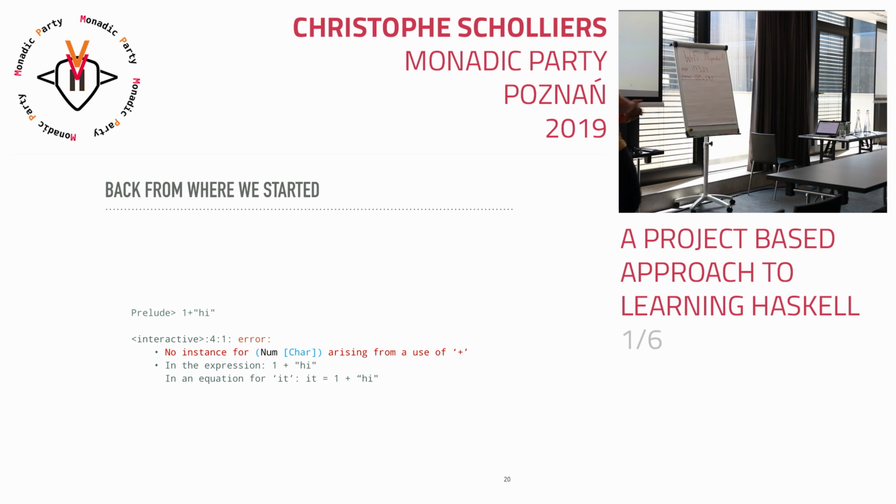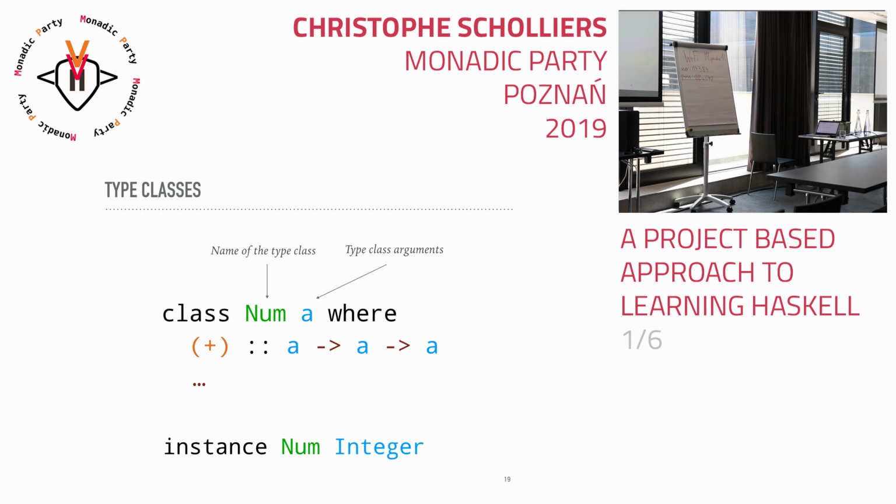Okay. Yeah. I wanted to ask, is it actually possible to make this work in the language by implementing a type class? Yes, you could make a type class, not a Num type class, because for the Num type class, the left and the right side of the operator need to be the same type.